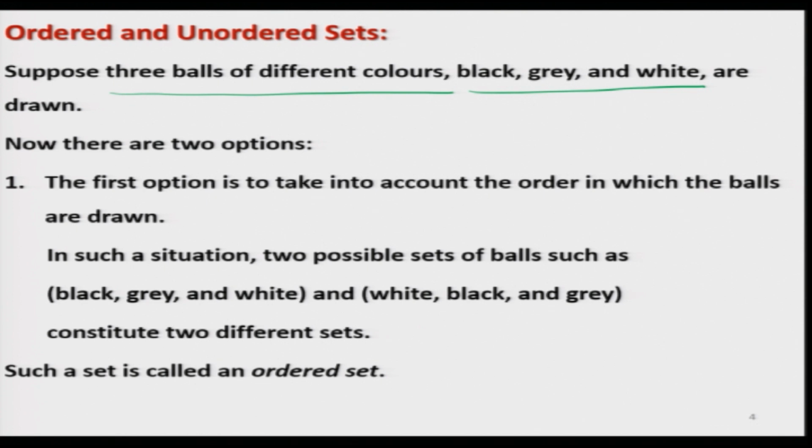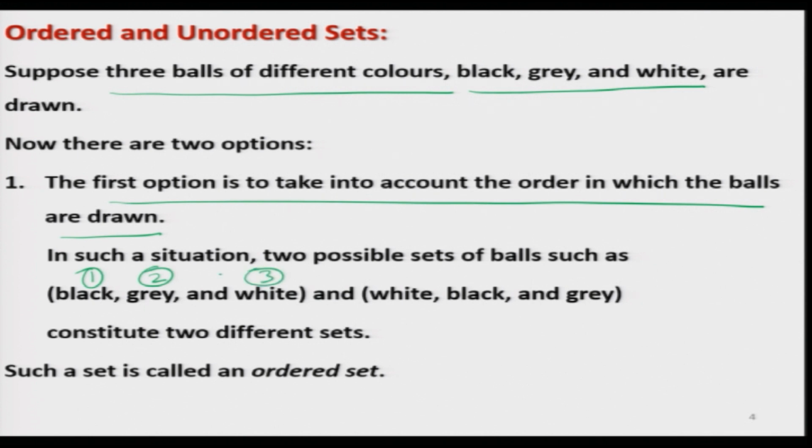Now, there are 2 options. The first option is to take into account the order in which the balls are drawn. For example, you draw the first ball, suppose this is black. You get the second ball, suppose it comes out to be grey. Then you obtain the third ball, obviously that is going to be white, because there are only 3 balls. But this order can be different.